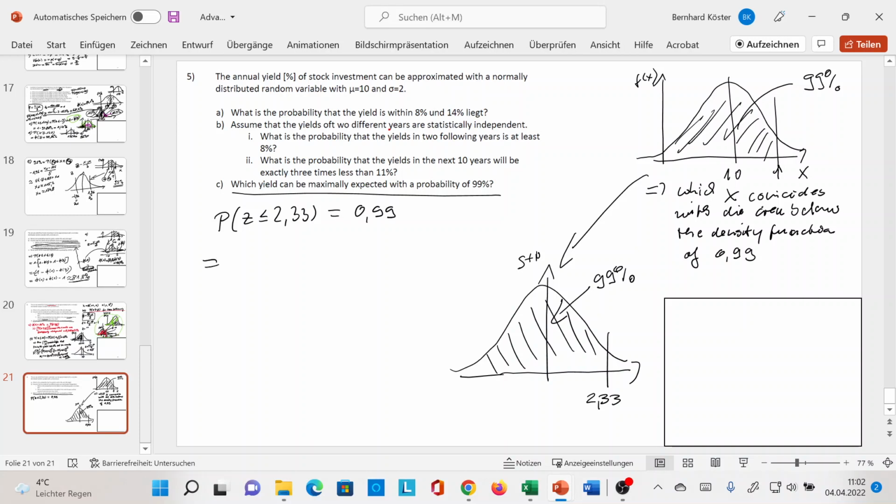How do we obtain x? Because we are interested in this number. Now you have to think the other way around. So now we come from the value z and we want to know x. In the other questions, we had the value x and we calculated for the standard normal distribution z in order to look it up in the table.